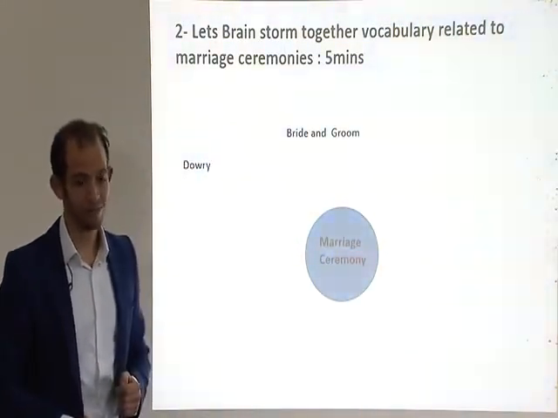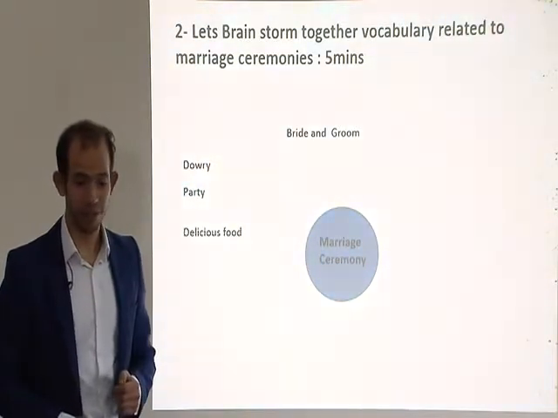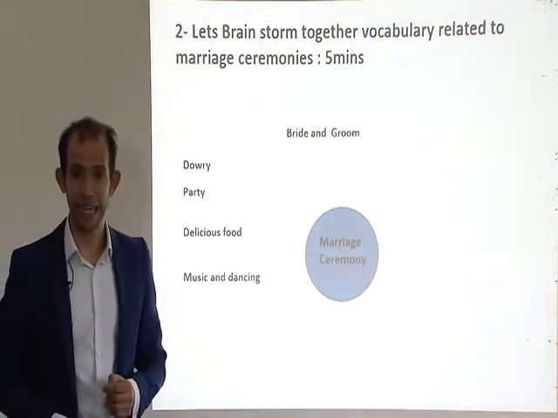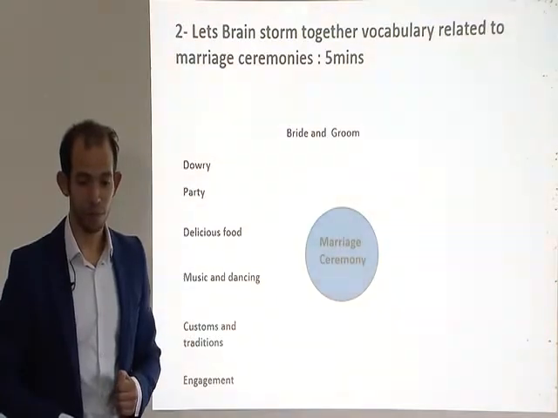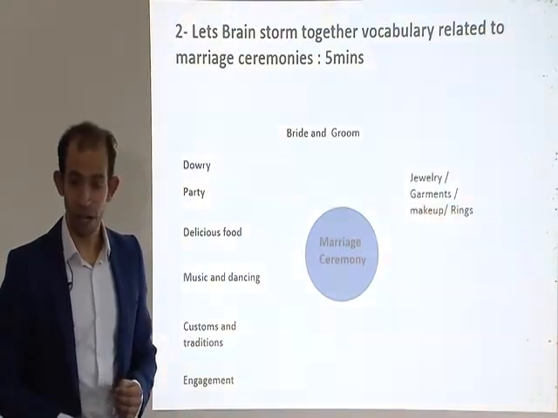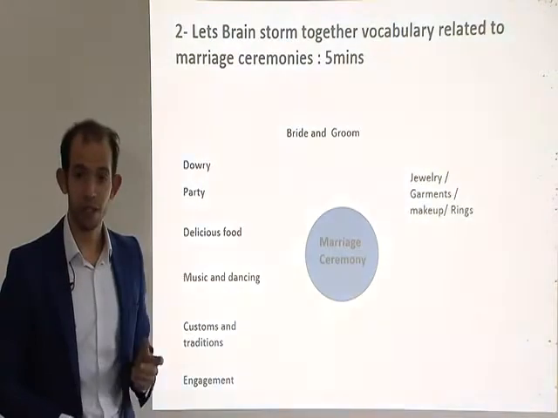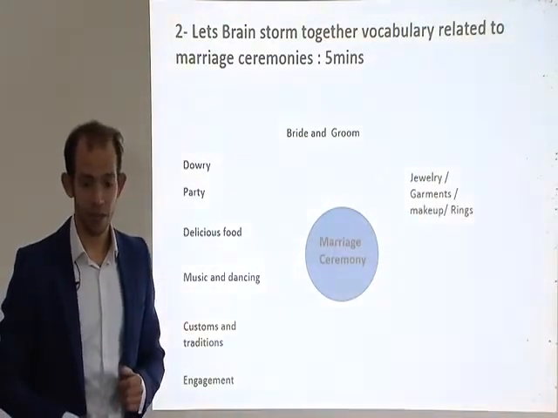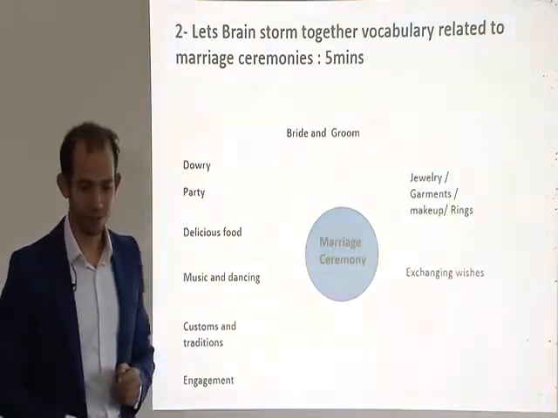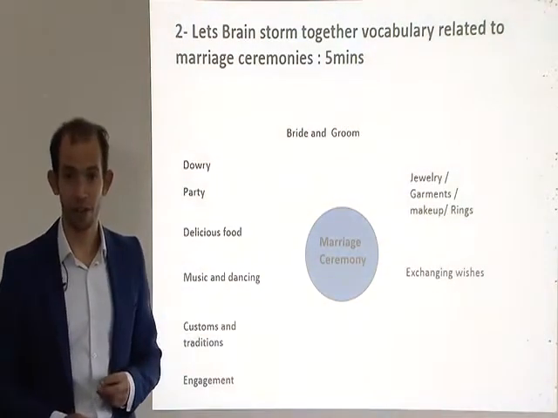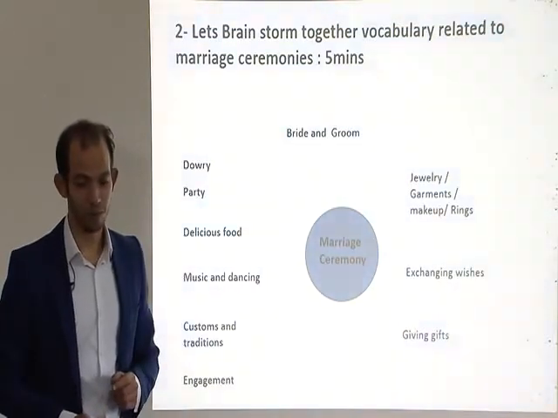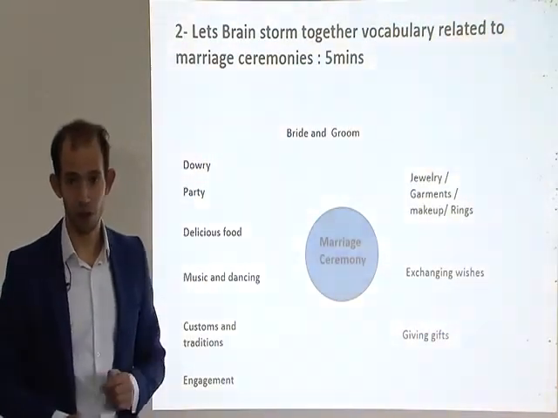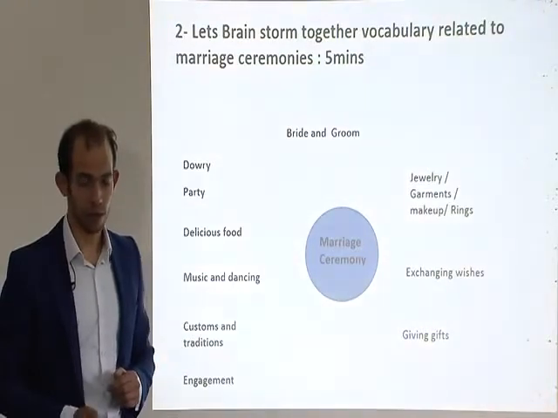The dowry, party, delicious food, music and dancing, customs and traditions, engagement, jewelry, garments, makeup, and rings, and also exchanging wishes and giving gifts. So I suggest that you copy this vocabulary in your exercise part.